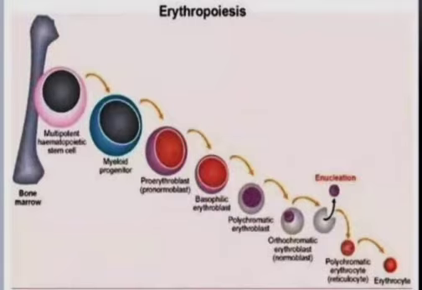Question? Yes? What about the color? Like when it's getting to maturity, does it also affect the color? That is also cytoplasmic changes, because what is the color of erythrocyte? Red. Good. And what is responsible for that coloration?